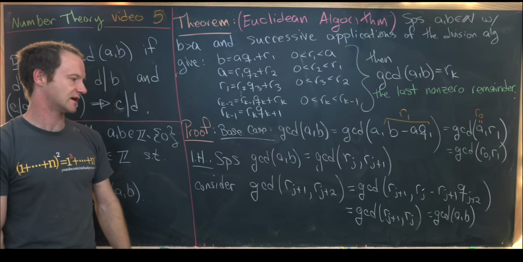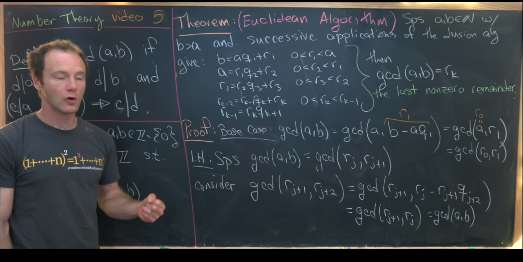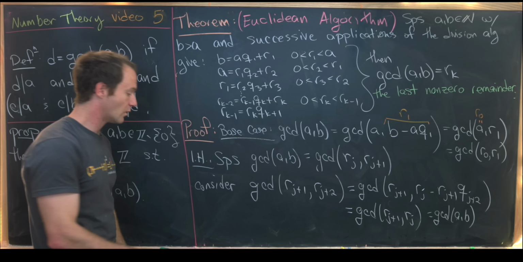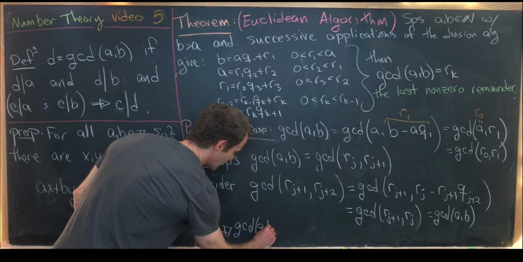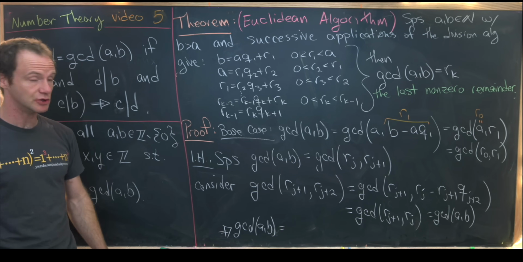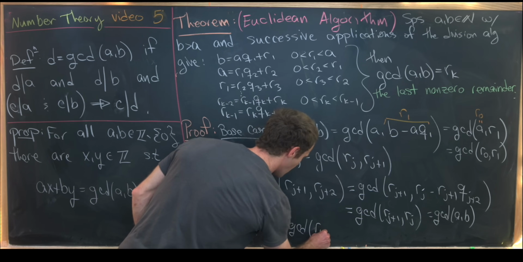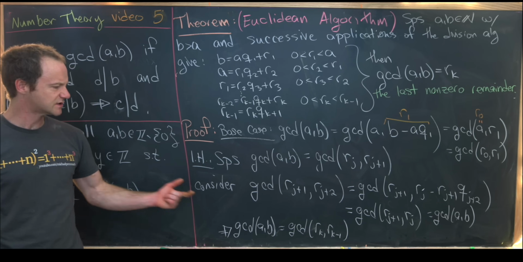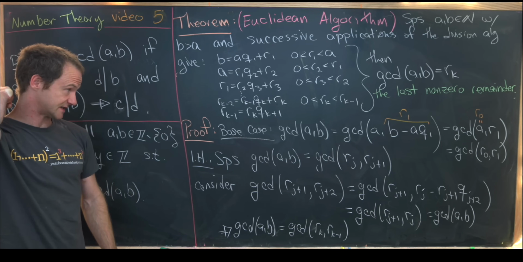Our induction setup has proven that the GCD of A and B is always equal to the GCD of successive remainders. Well, that means that the GCD of A with B is the same thing as the GCD of the last two remainders. So that's going to be the GCD of Rk with Rk minus 1, again because Rk and Rk minus 1 are successive remainders.